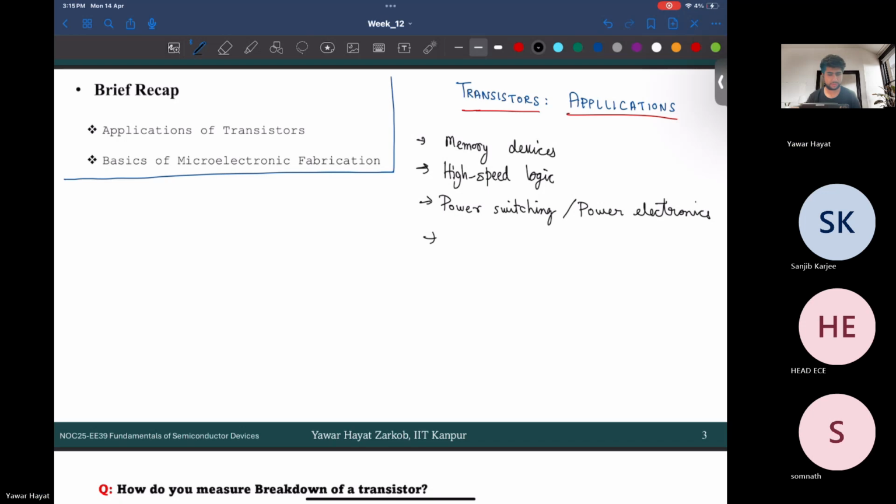Then you have RF electronics, transistors that target RF electronics, say power amplifiers.